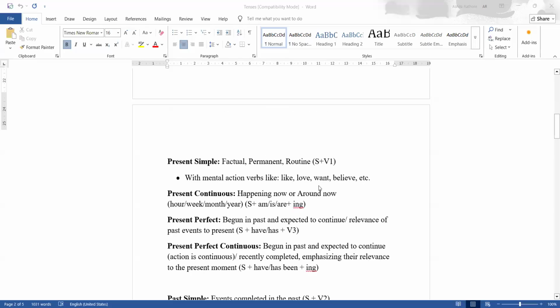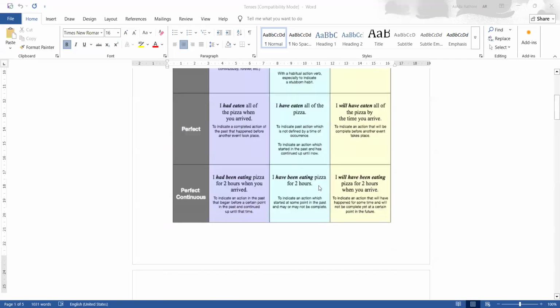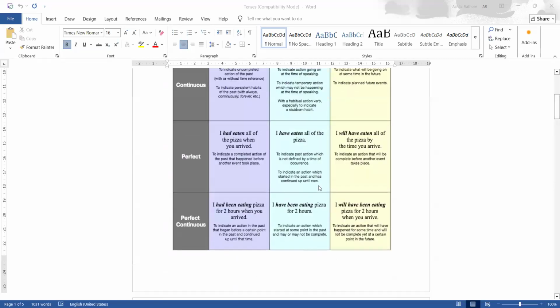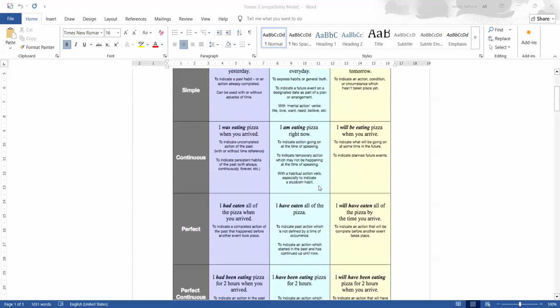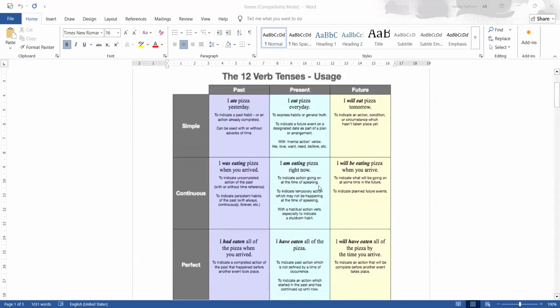Now, these are very basic notes that I had prepared for some of the other sections. They might look simpler, but we are ultimately talking about the concepts. We can see the 12 tenses here, right? Very quickly, we skim through the purpose of each of these tenses.